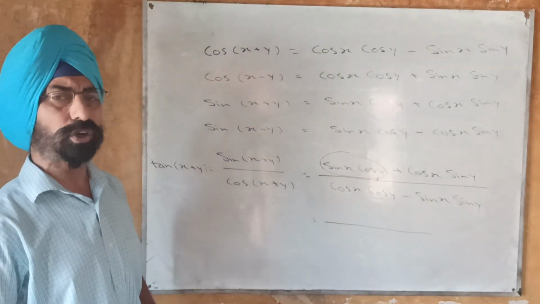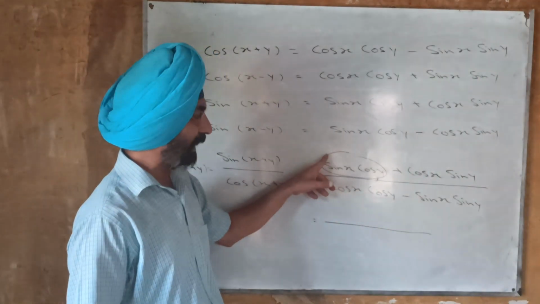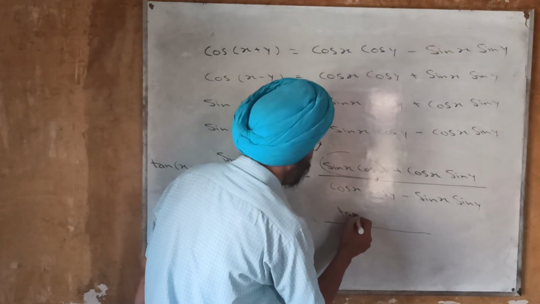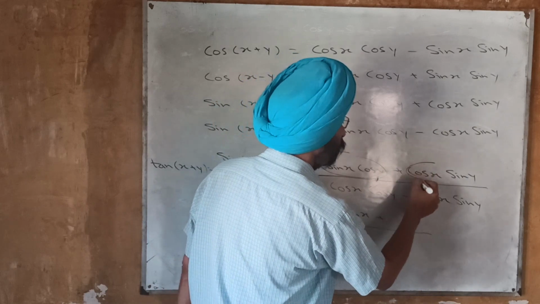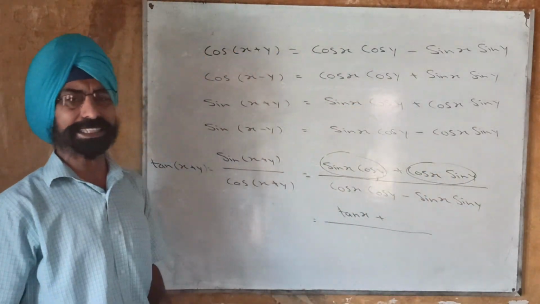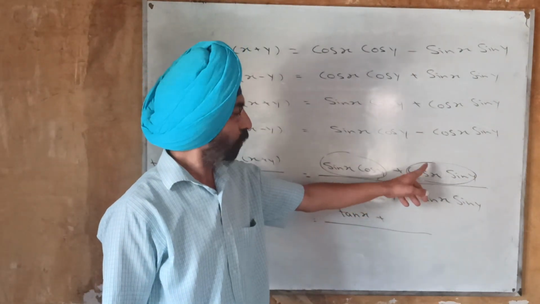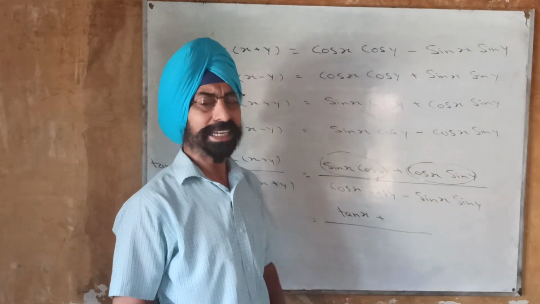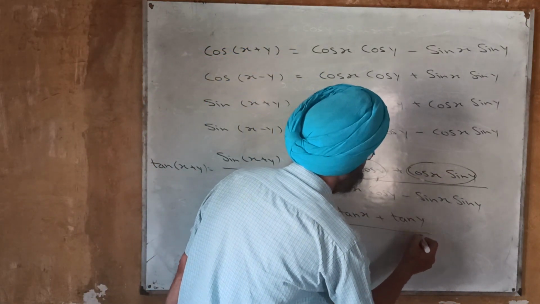When you divide it by cos x cos y, cos y is cancelled out and you are left with sin x over cos x, which means tan x. Then the plus sign, and then you have cos x sin y. When you divide it by cos x cos y, cos x is cancelled out, and you are left with sin y over cos y, which is nothing but tan y.